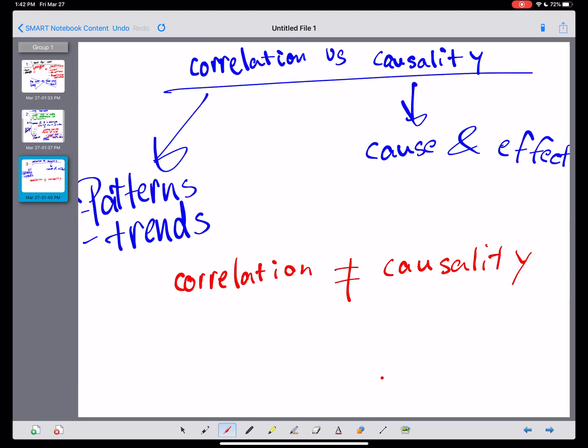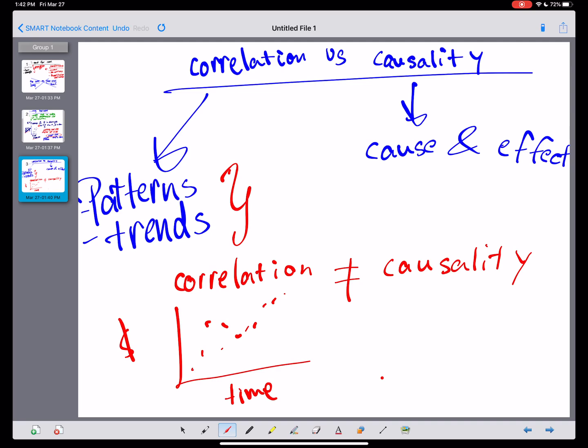Okay, you guys have to separate: does one thing lead to another? If you're playing the stock market and you see that stock prices are rising, that's just a pattern or trend. You can't say that as time increases, the stock will for sure increase.